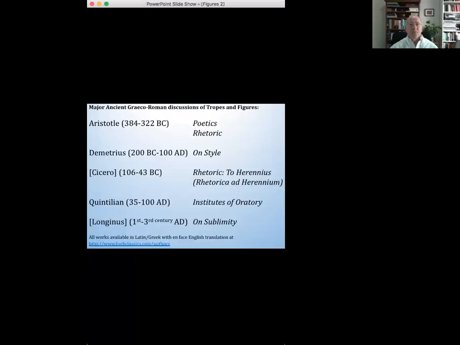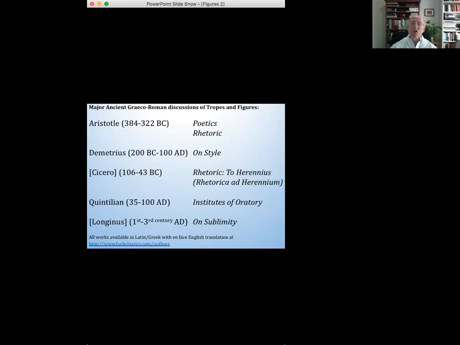It's Aristotle, Poetics and Rhetoric, ancient Greek philosopher. Demetrius on style. The Rhetorica ad Herennium, which for a long time was thought to be by Cicero, no longer is, but there's a tradition of attributing that work to Cicero. The Rhetorica ad Herennium, extremely important text, by the way, for the European Renaissance theorists of rhetoric.